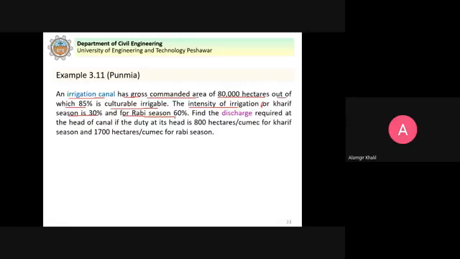Find the discharge required at the head of the canal if the duty at its head is 800 hectares per cumec for Kharif season and 1700 hectares per cumec for Rabi season. So we want to calculate the discharge required at the head of the canal, the water that we need to release. Let us try to solve this problem.